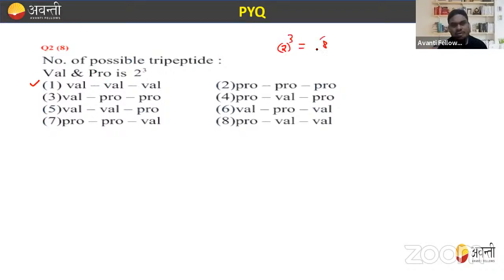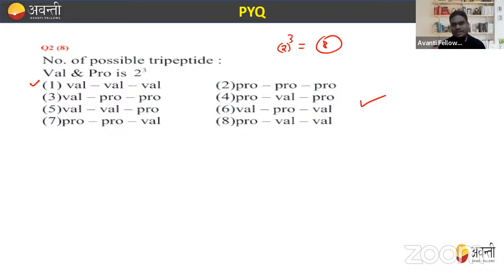So it comes out to be 8 also. So you can calculate like this as well. And here I will also explain how 8 comes, right? One possibility is valine, valine, and valine. The other possibility is valine, proline, and proline. Another is valine, valine, and proline. And similarly, just reversed, proline, proline, and valine. So in total, how many possibilities are there, beta?